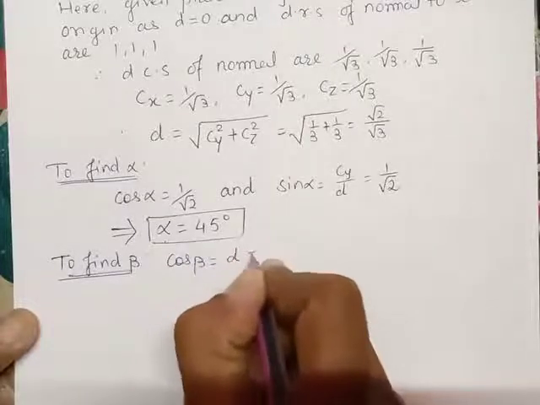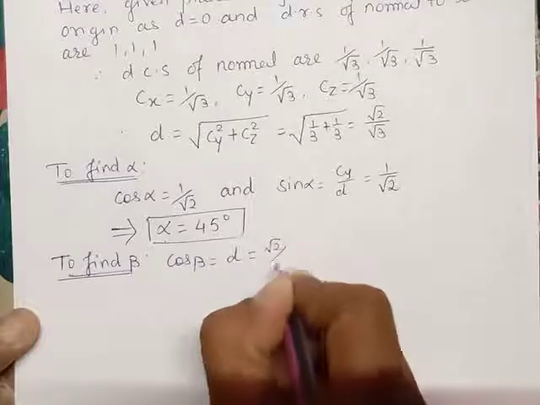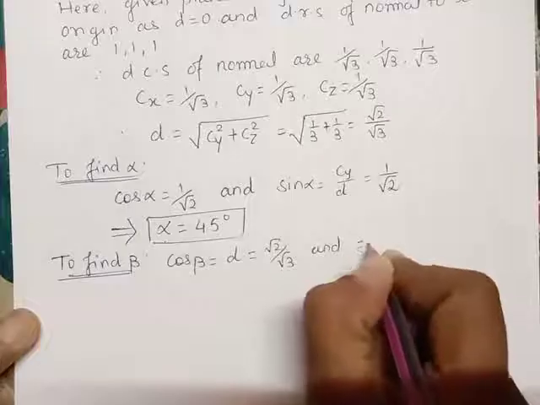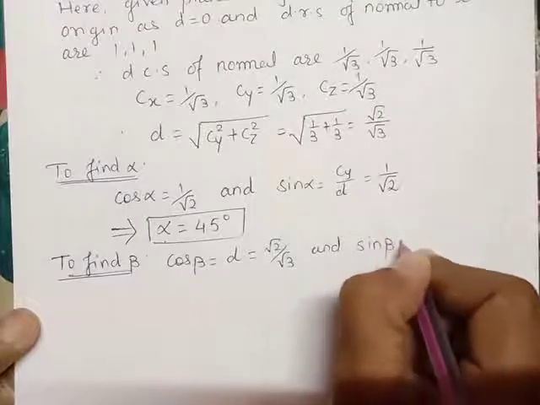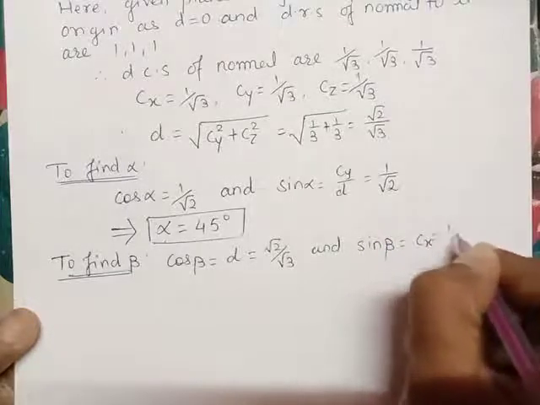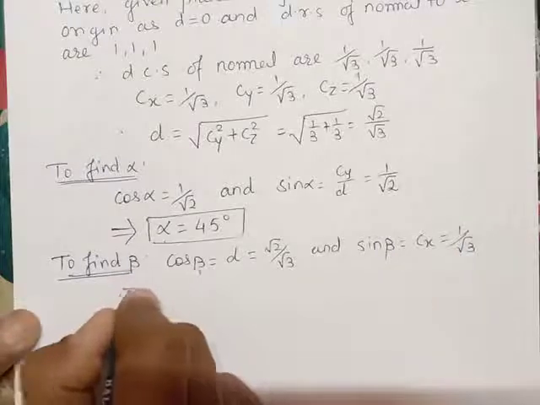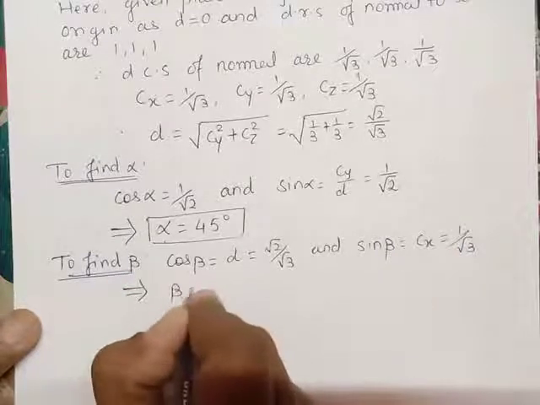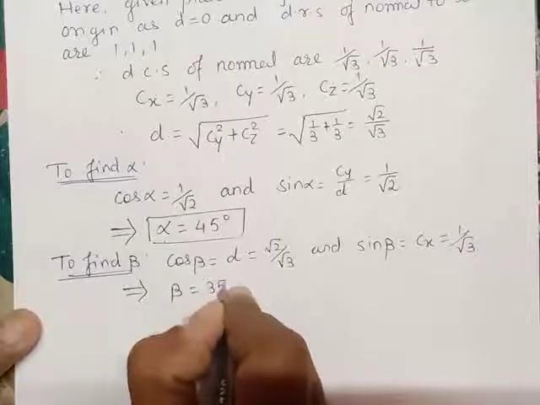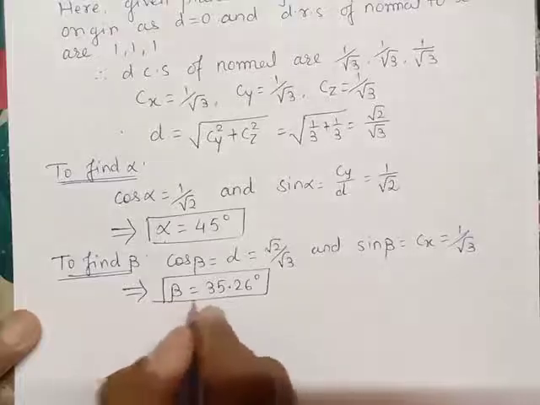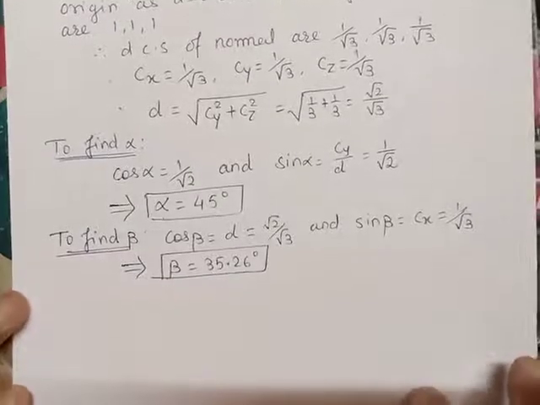It is D, and that is root 2 by root 3, and sin beta is what? Cx, and that will be 1 by root 3. Okay, that gives beta is how much? 35.26 degree. But we will take minus beta while doing a calculation.